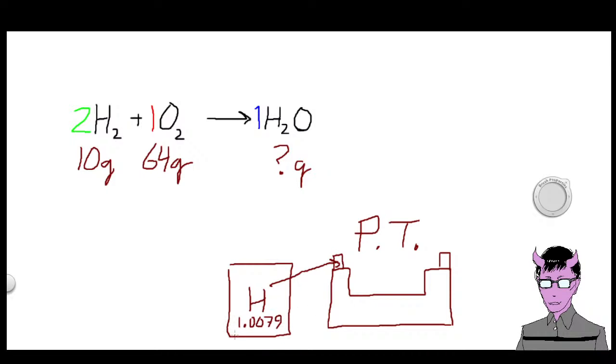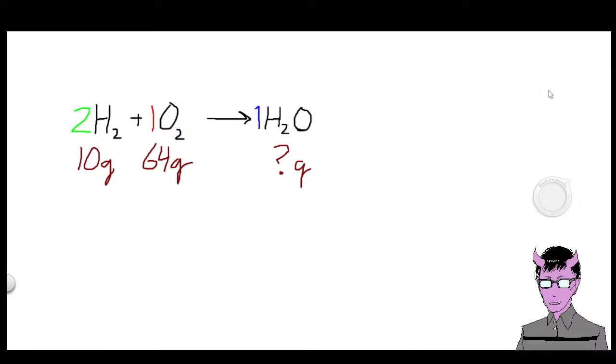So backtracking just a little bit, if you see this one, that's going to be grams. Grams per what? It's not explicitly stated, but it's going to be per mole. So here it is. So for every 1.0079 grams worth of hydrogen, singular hydrogen, you're going to have 1 mole of hydrogen. And that's it.